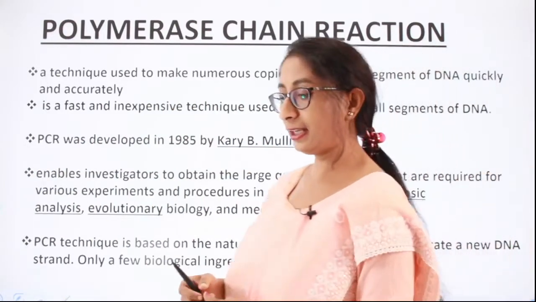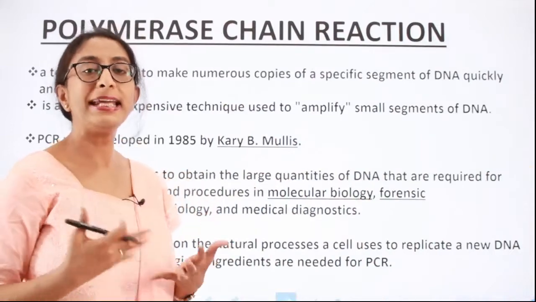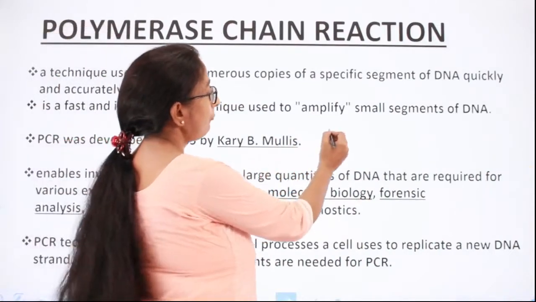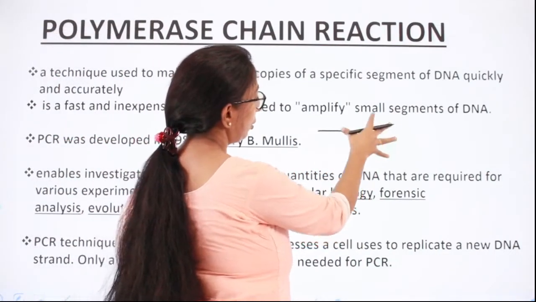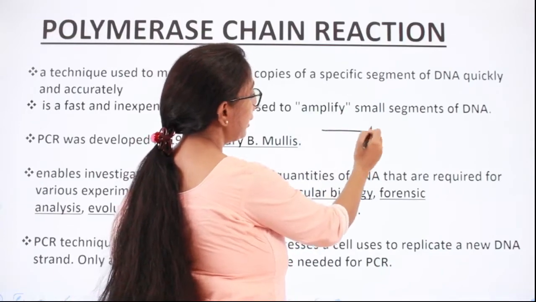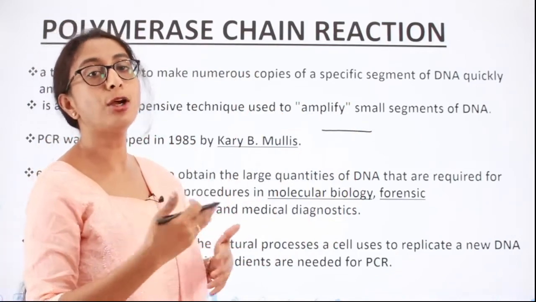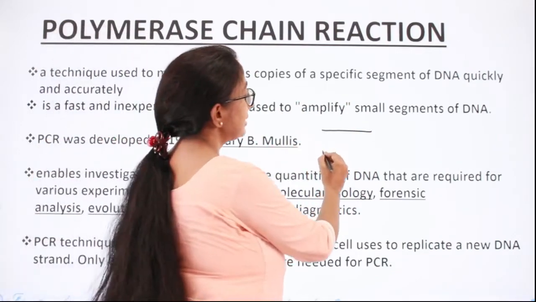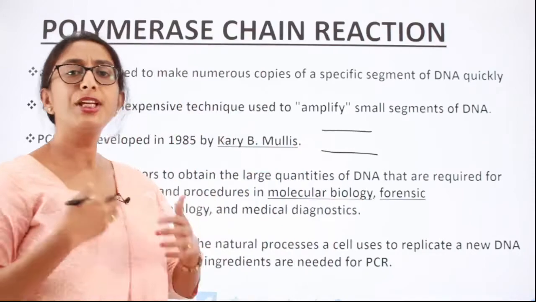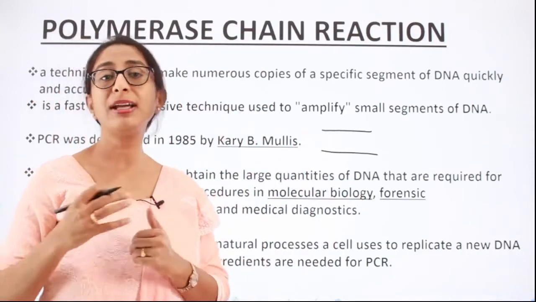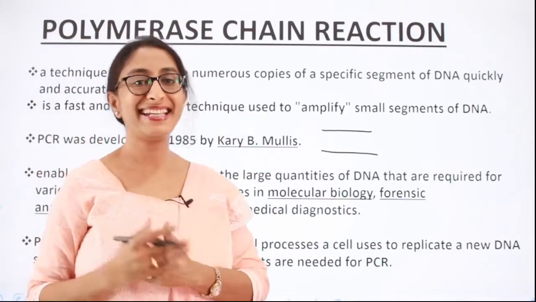What do we mean by DNA replication? Naturally in a cell, when we have one fragment of DNA or one stretch of DNA, the cell is capable of making another copy on its own. That is called DNA replication. DNA replication happens in semi-conservative mode, which we shall be discussing in another lecture.